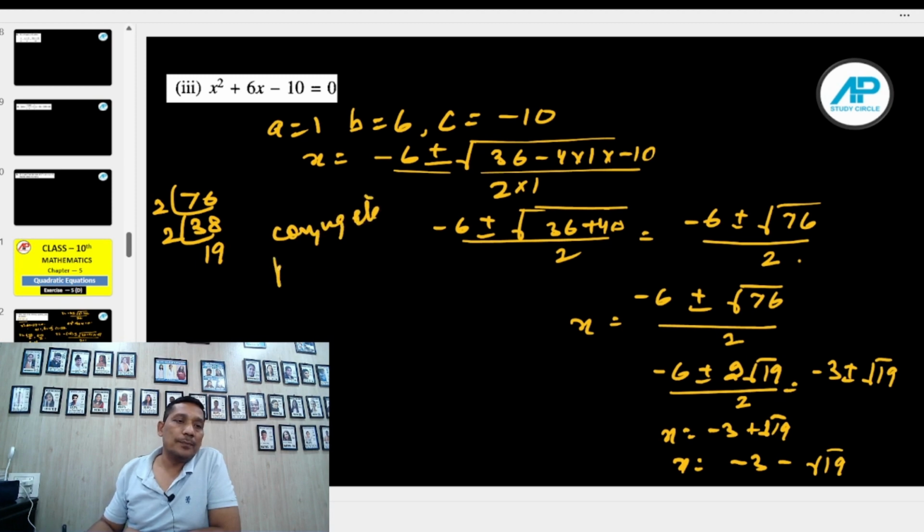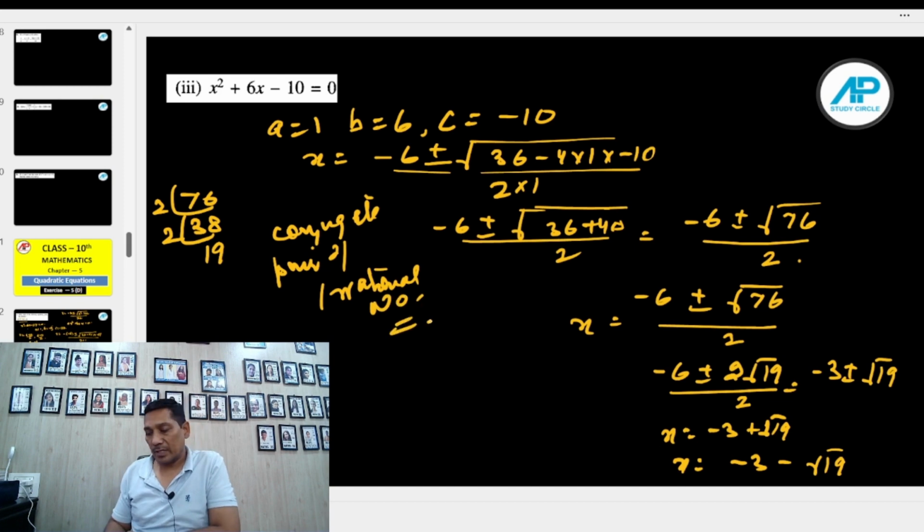So a conjugate pair of irrational numbers. I hope you understand that.